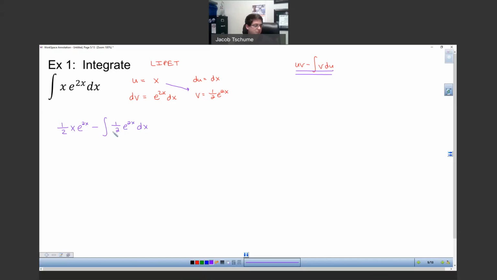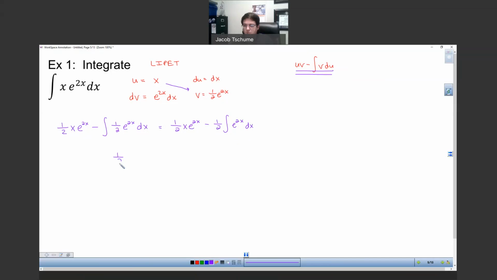You can factor that 1/2 out to the front because you don't need it, and this would be 1/2 x e to the 2x minus 1/2 the indefinite integral of e to the 2x dx. And that is something we now know how to integrate, which means our integration by parts formula worked.